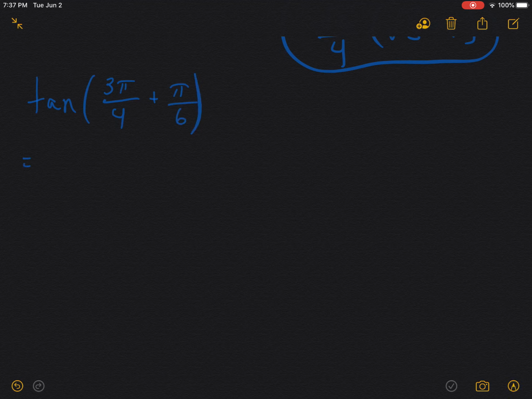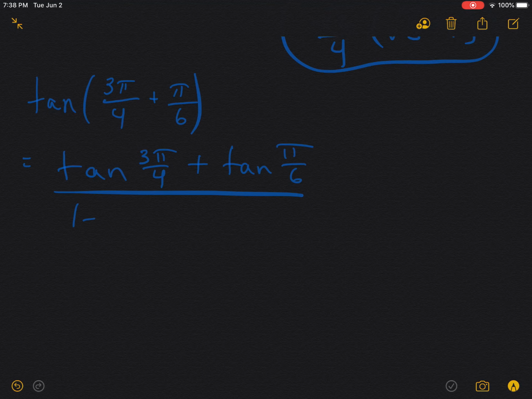This is equal to tangent of 3 pi over 4 plus, and I'm just following the formula for the sum of tan, plus tan of v, so tangent of pi over 6, over 1 minus tangent of u, so tangent of 3 pi over 4, times tangent of v, tan of pi over 6.